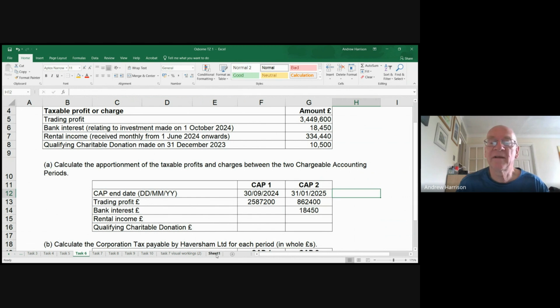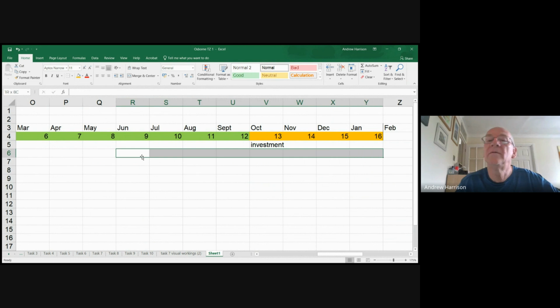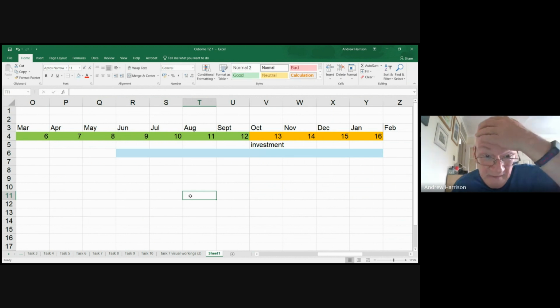Total. So let's just go back to our graph. So June onwards, rental. Give it a nice colour. If you like doing this, obviously make sure you've got the appropriate pens. So hang on, read the information carefully in the question. 2, 3, 4, 5. Right, June, July, August, September.